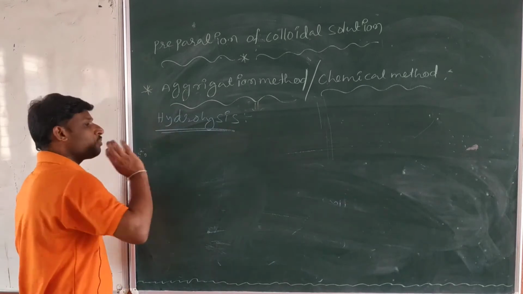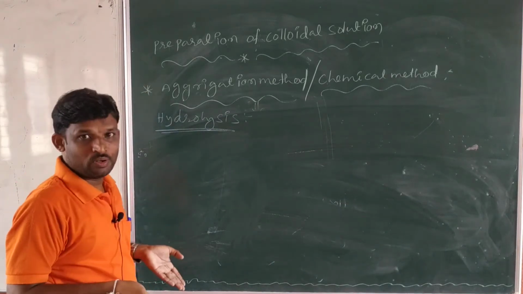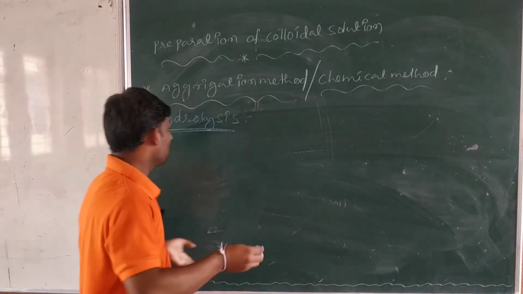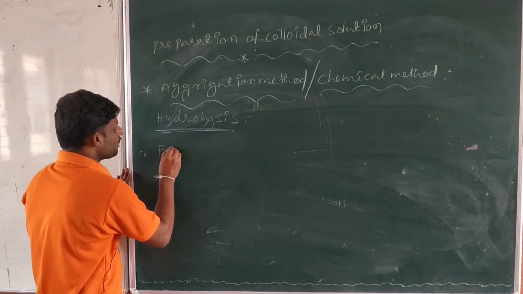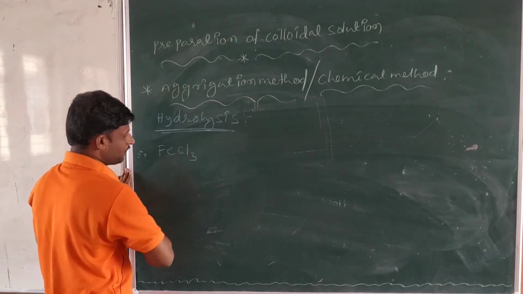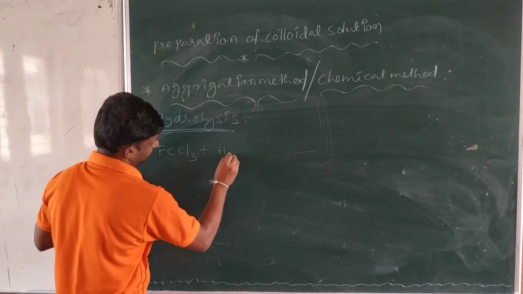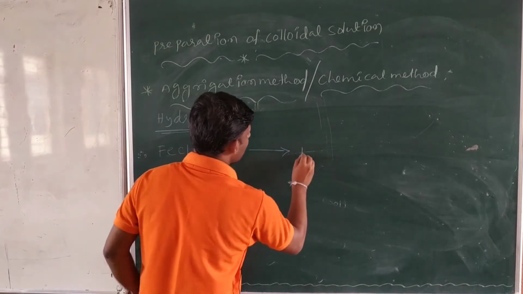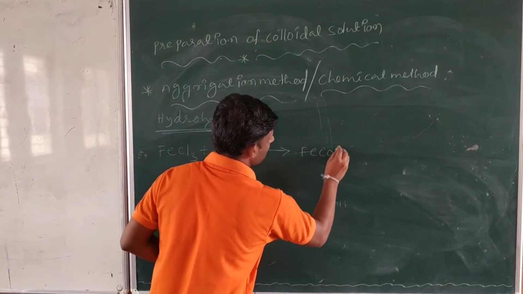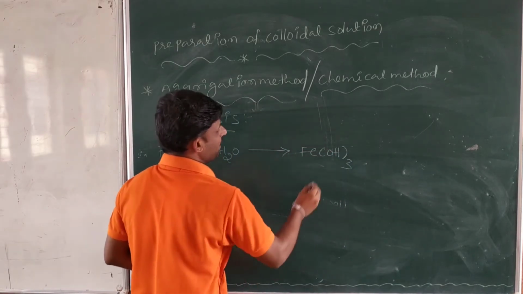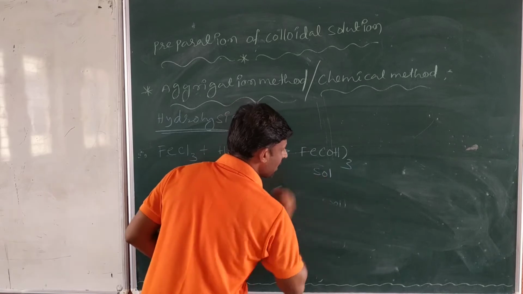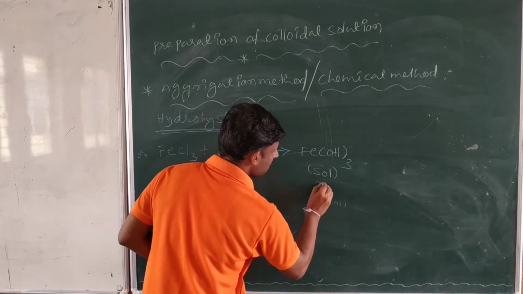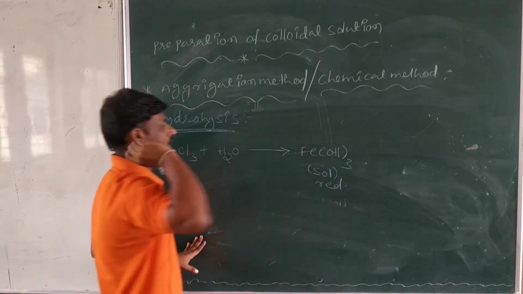So, suppose I am preparing ferric hydroxide sol. In this case, I am going to take FeCl3 and treat it with water. Then what is forming, sir? Fe(OH)3. Are you getting my point? This is called a ferric hydroxide sol. This is red in color. Red sol is forming.